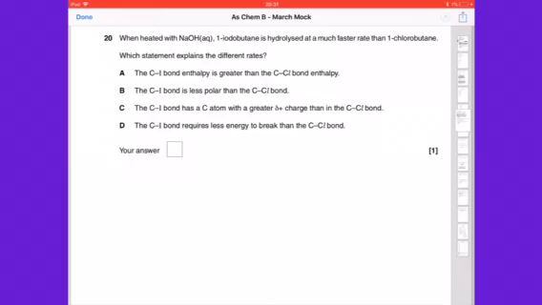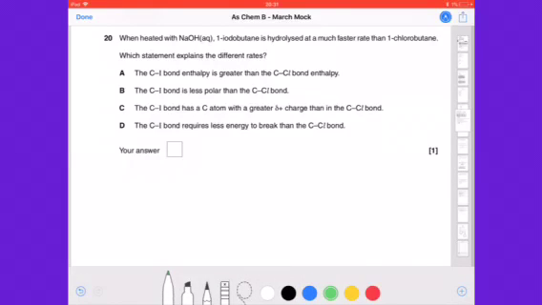Finally, it's important to know the importance of bond strength for this. So I think I've spoken about it a couple of times. The C-Cl bond length is quite short in comparison to the C-I bond length, which is much longer, because the iodine atom is far bigger than Cl.